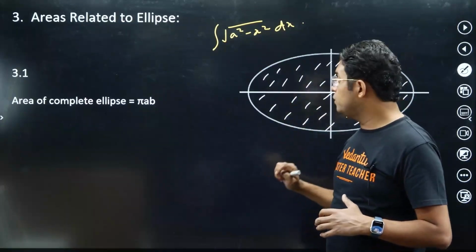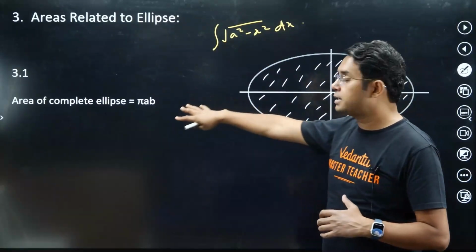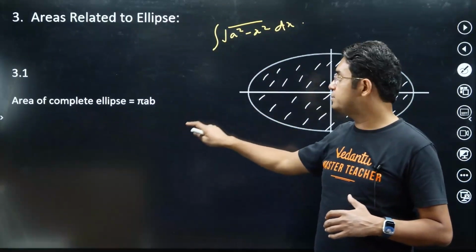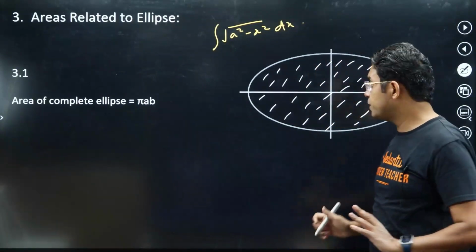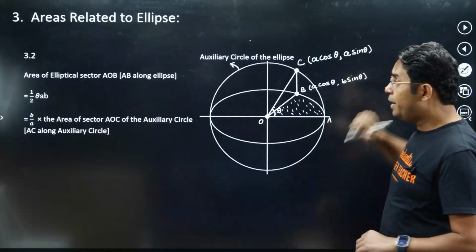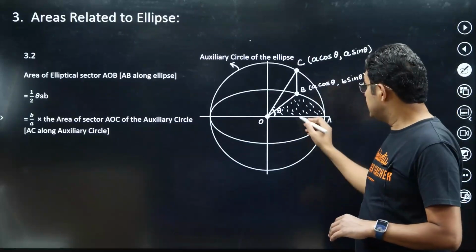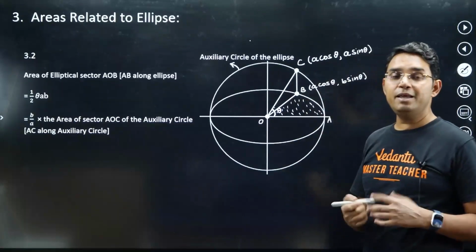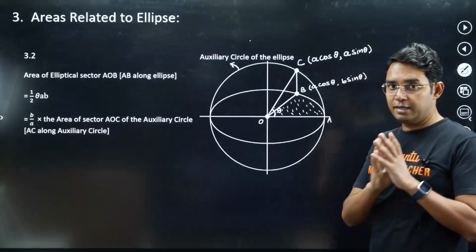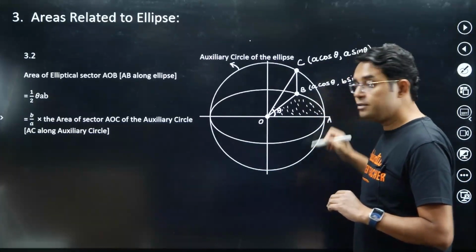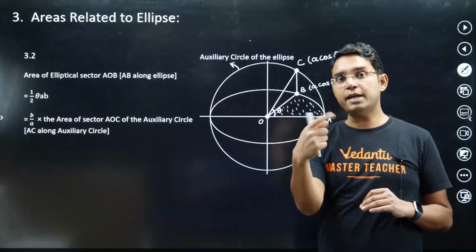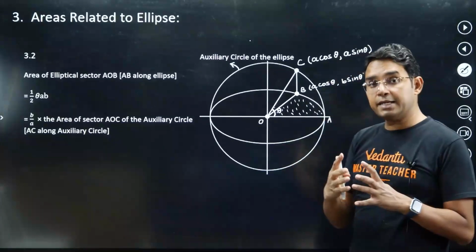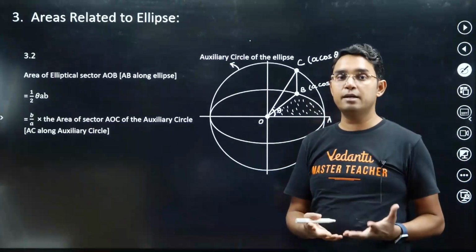So here, first of all, we should remember the complete area of the ellipse, which is pi AB, where A and B are the semi-major and semi-minor axes respectively. But if we have to find some sector of the ellipse, an elliptical sector, please listen carefully. For an ellipse, this sector will always have a constant ratio to the sector of its auxiliary circle.